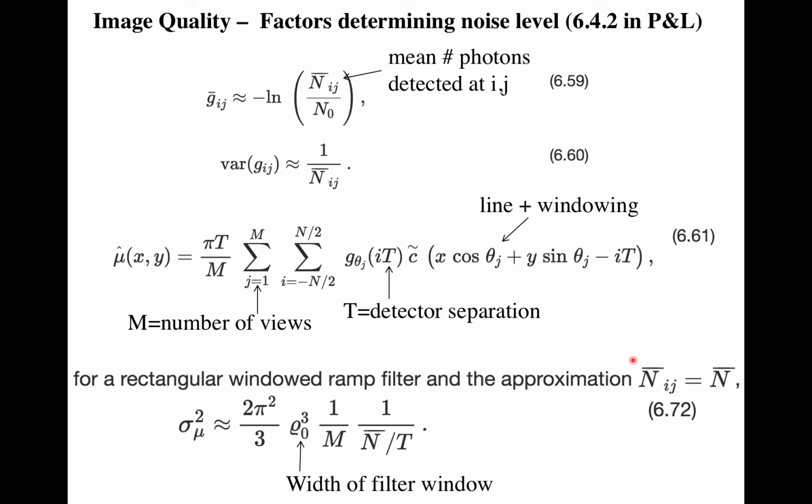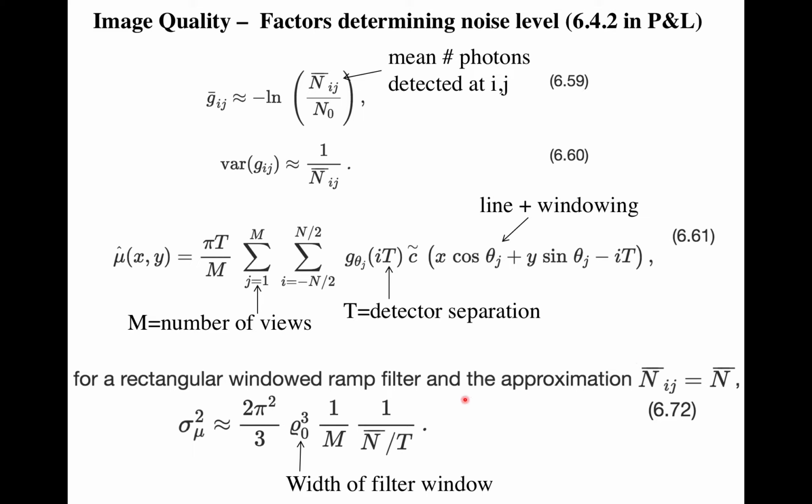So all my views and all my detector elements, we'll just say they're roughly the same, about capital N bar. Now, obviously, if they're all the same, the image is just flat, so it doesn't make a lot of sense, but we're going to operate up here at n bar photons. All the fluctuations will be there, but those fluctuations will be small compared to the number of photons we're operating at.